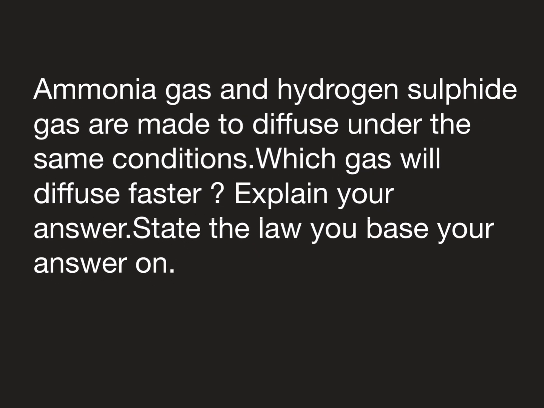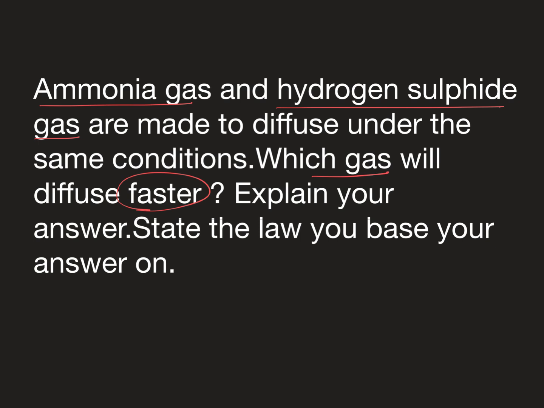We have a question here that reads, ammonia gas and hydrogen sulfide gas are made to diffuse under the same conditions. Which gas will diffuse faster? Explain your answer. State the law you base your answer on.